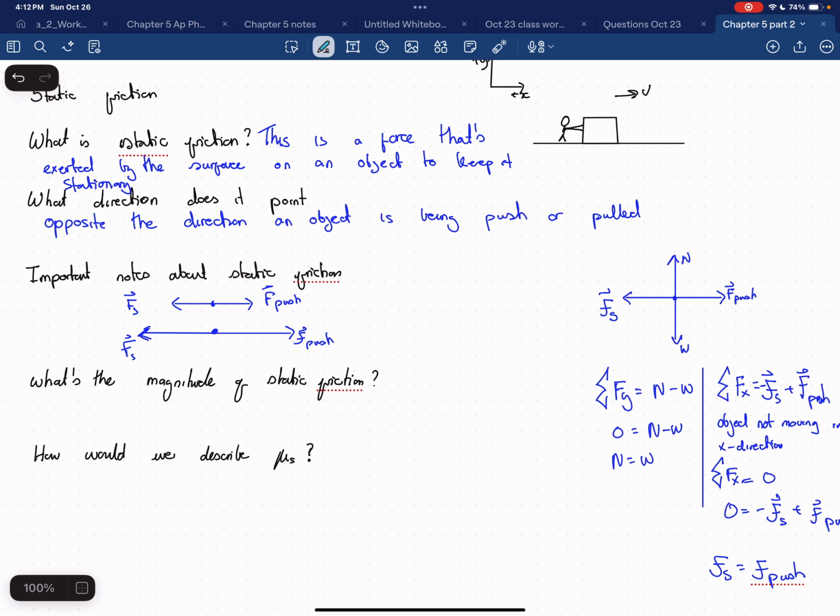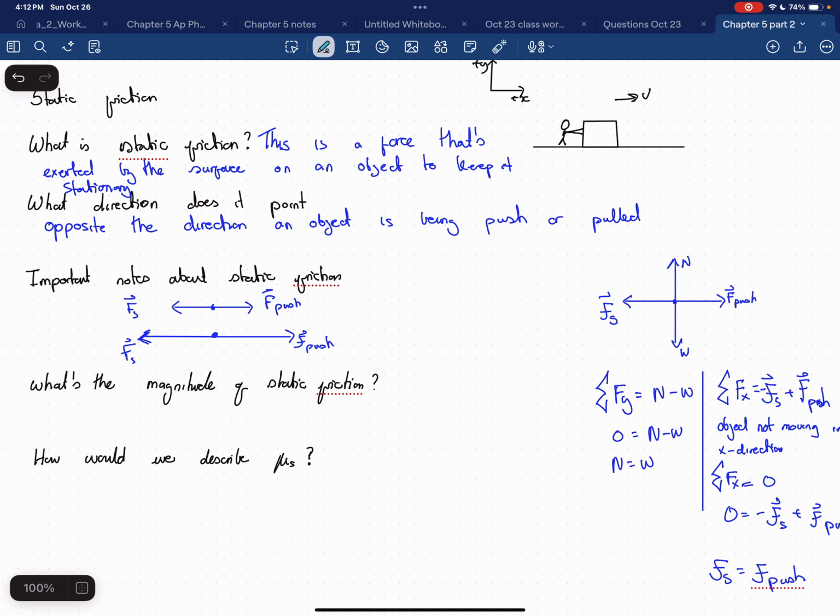There's a point at which, when we push something, eventually it starts moving horizontally. So we lose the equilibrium. When thinking about the magnitude of static friction, we have to think about it as a maximum magnitude, basically.